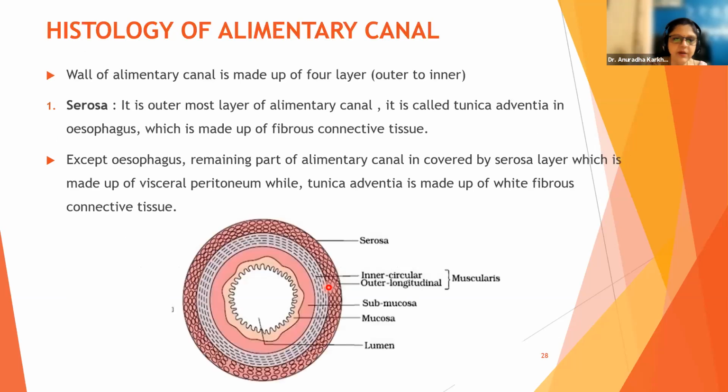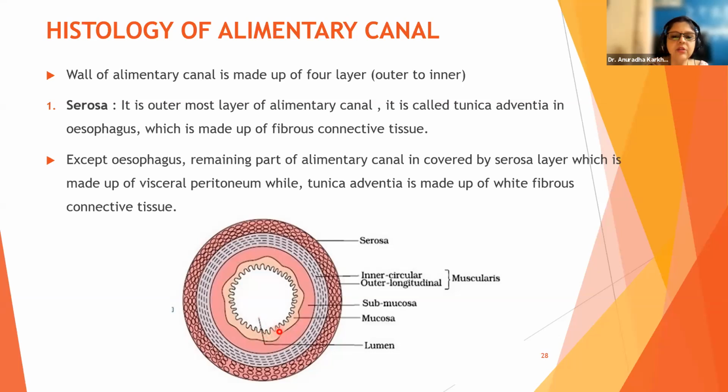So if you look at this particular diagram, you can see this is serosa, inner circular, outer longitudinal, that makes up your muscularis. This dark pink color that you can see is going to be your submucosa. It's going to be provided with blood and all, right? And below this off-white color, or the peach color that you can see, is going to be your mucus layer.